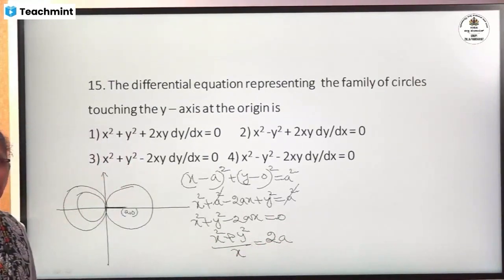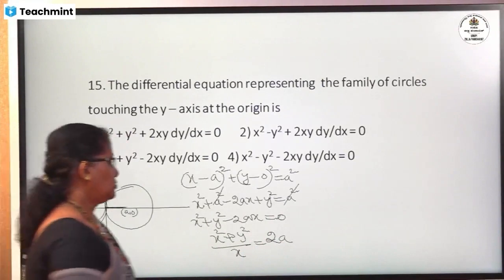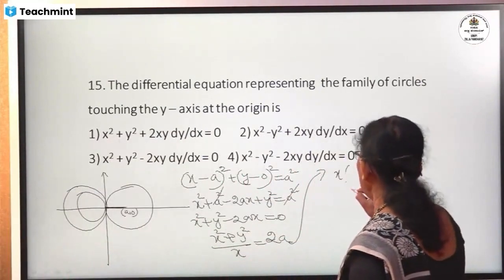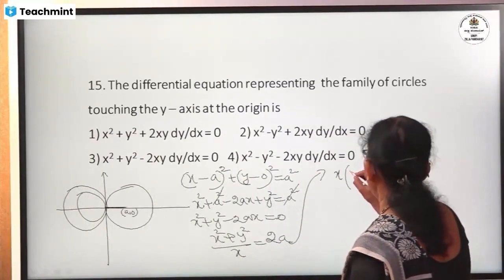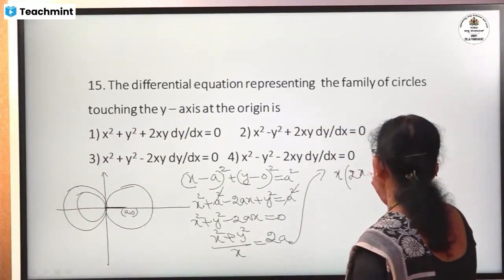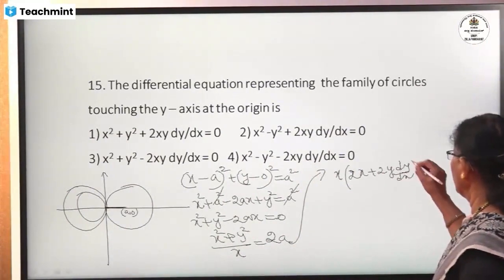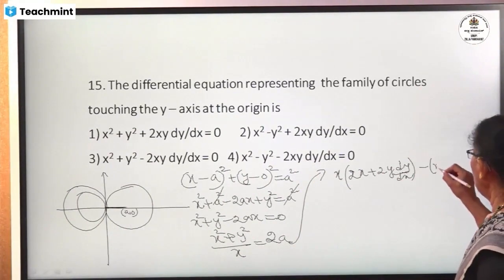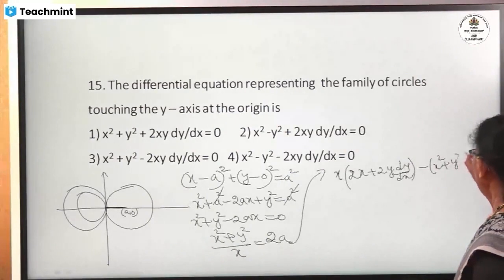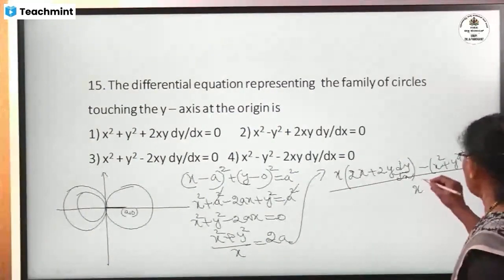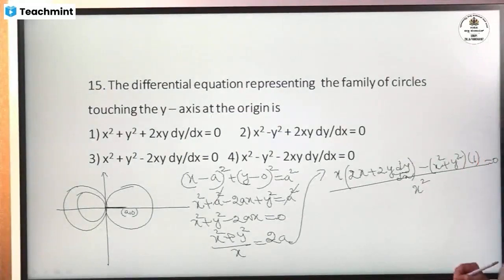As soon as I differentiate, that constant goes, so I don't have to do the substitution again. So how do I differentiate? Denominator into derivative of the numerator minus numerator into derivative of the denominator, divided by square of the denominator, should be 0.